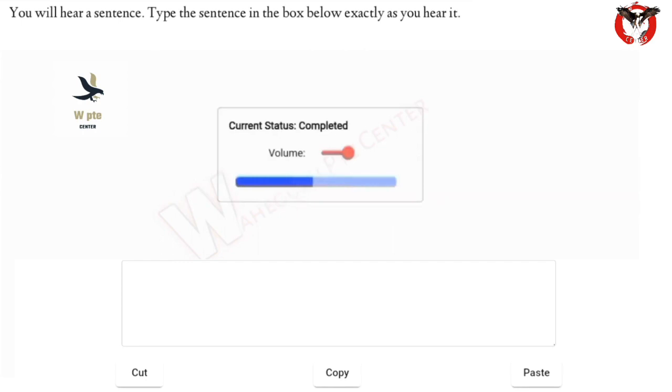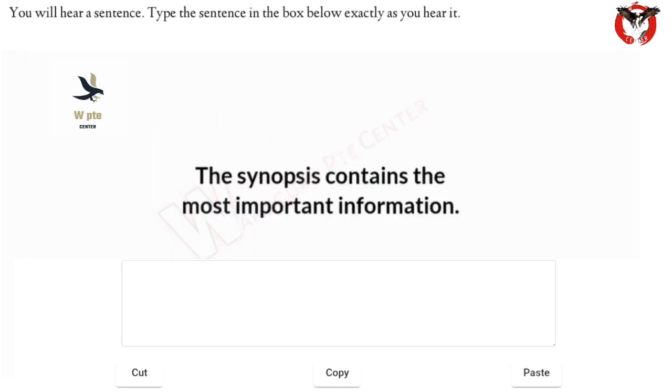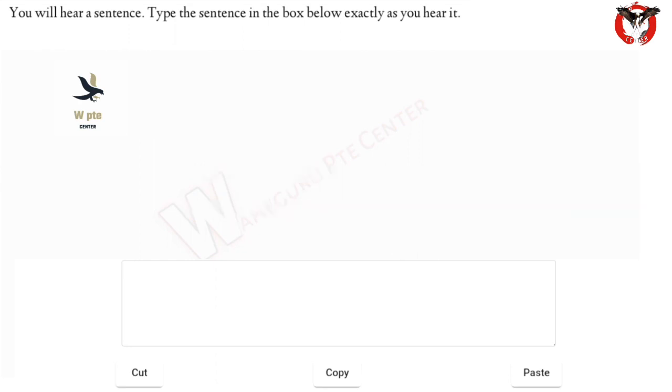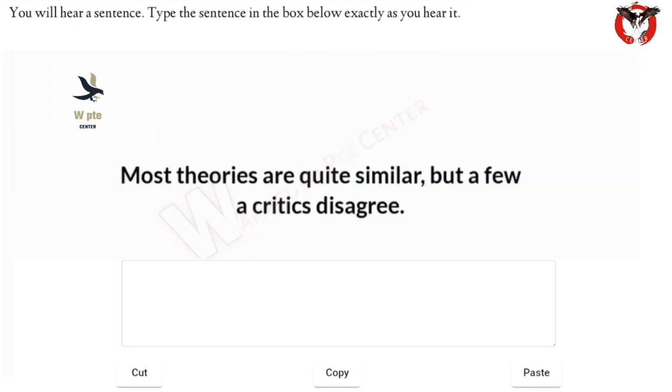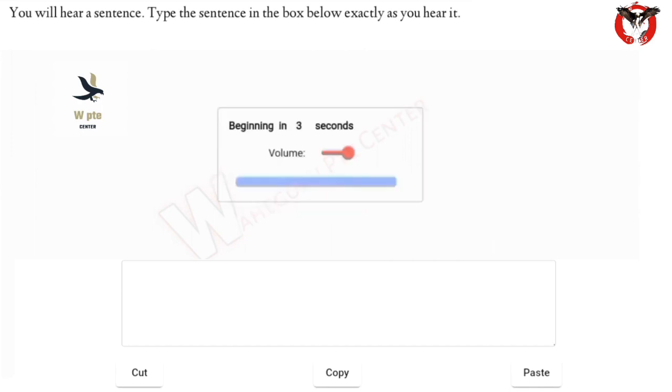The synopsis contains the most important information. Most theories are quite similar, but a few critics disagree. When workers ask for an increase in wages, the company raises its prices.